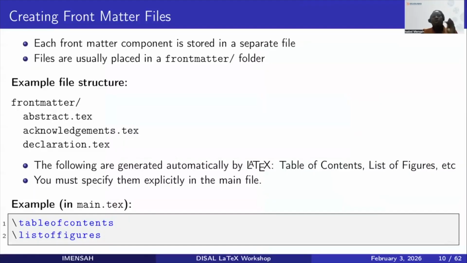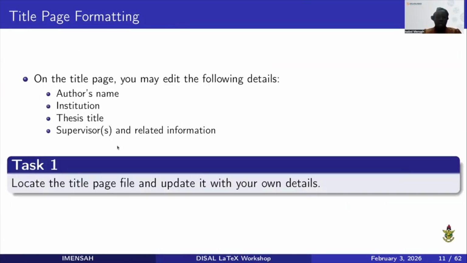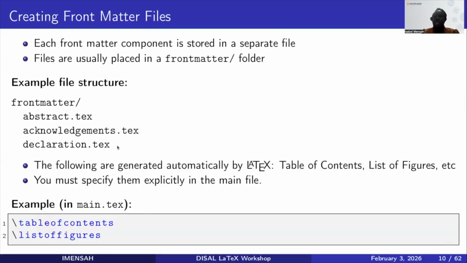All the time, your different front matter subjects are placed in a folder that we would call the front matter. And then for some of the other front matter, like table of contents, list of figures, because we don't have to create a file for them, LaTeX generates them automatically.